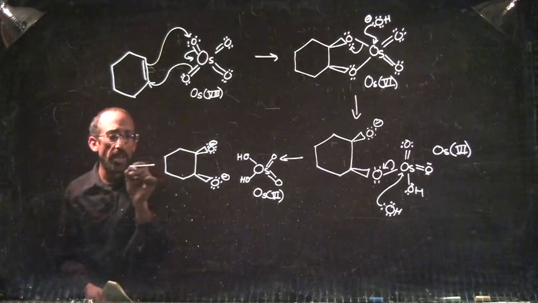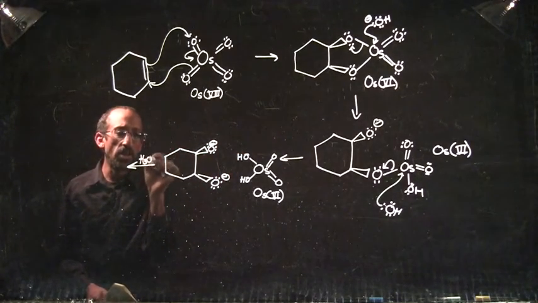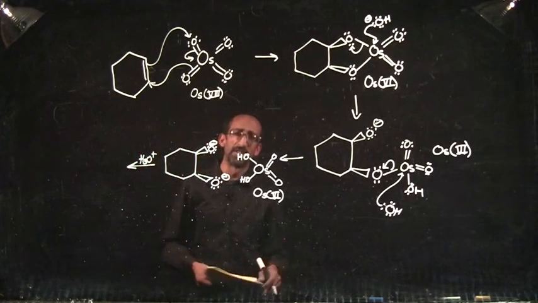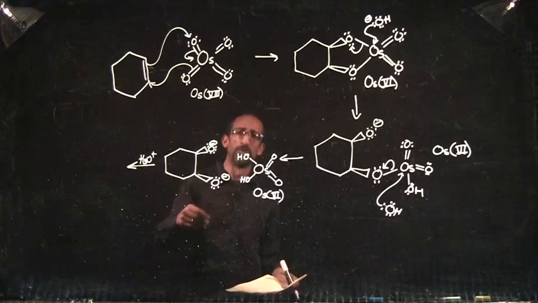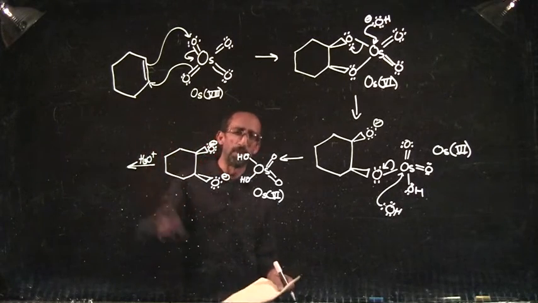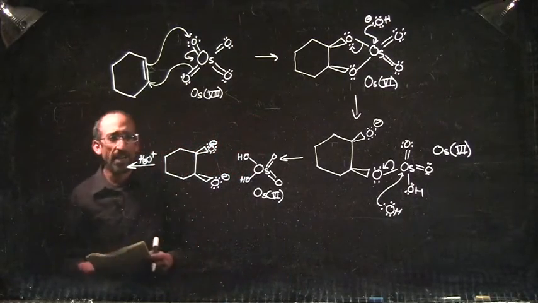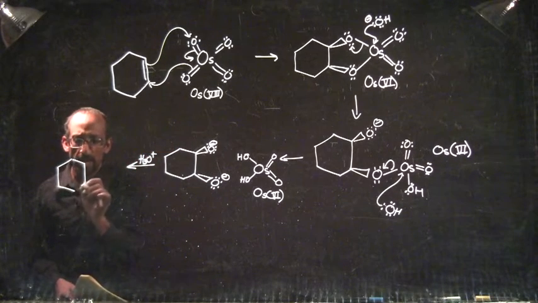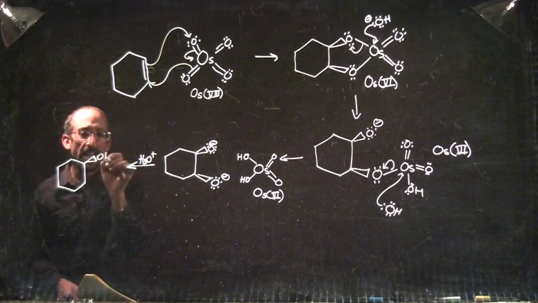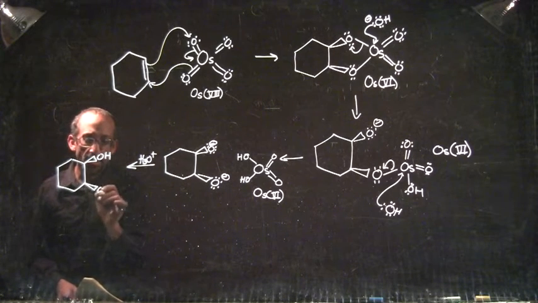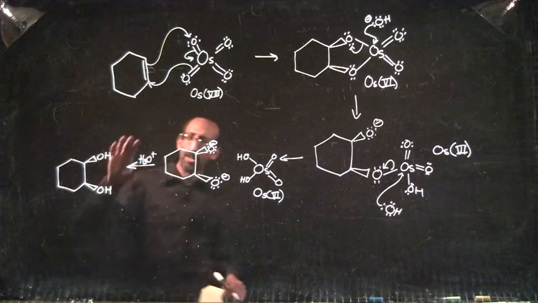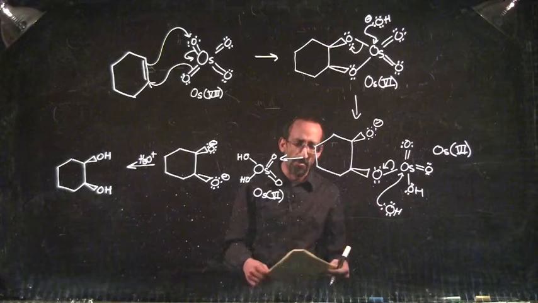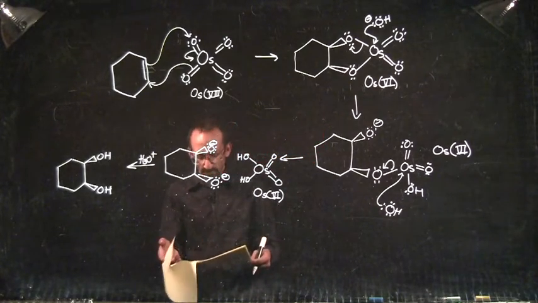From here, you can just write H3O plus over an arrow. I'm fairly confident that at this stage, everyone in the class knows how to transfer a proton from H3O plus or from some sort of acid to an O minus. I'm not going to nitpick there if I ask you to do this arrow pushing. You can just go ahead and protonate. And we get our syn 1,2-diol, our cis 1,2-diol, lots of ways to describe it. And this is overall formally an oxidation reaction.